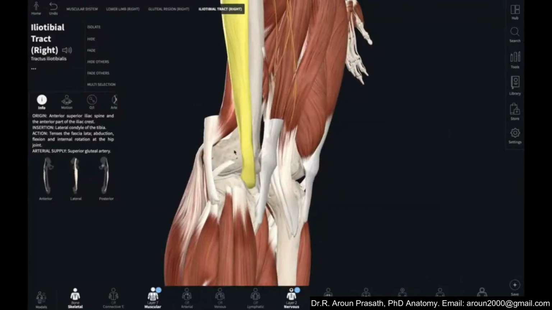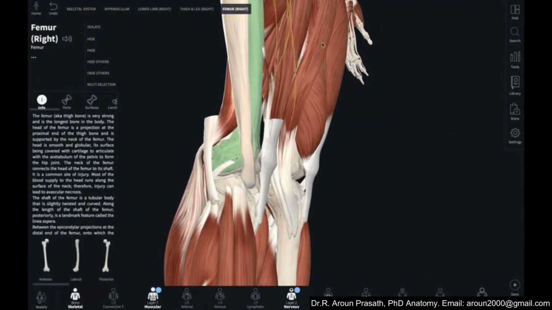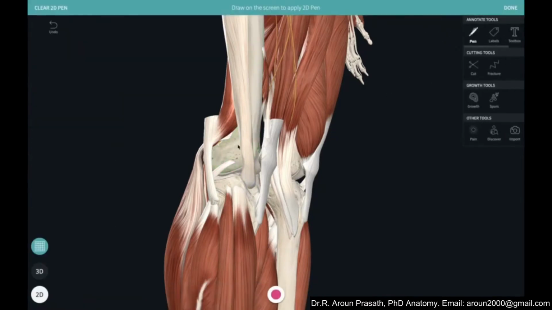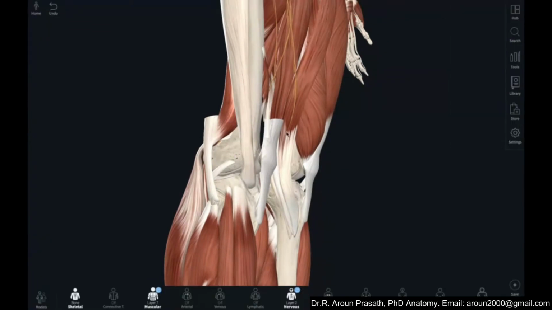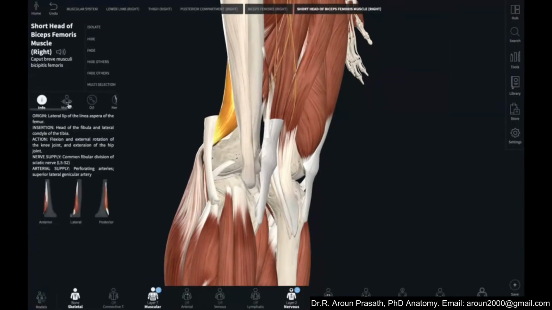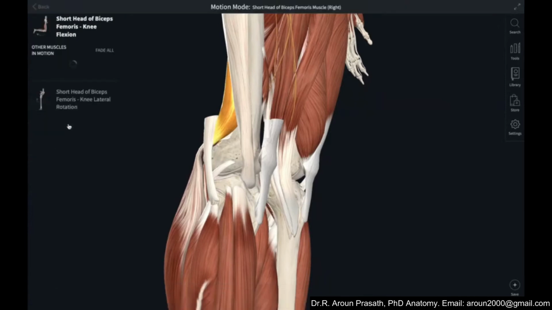Okay, you see, this is the adductor tubercle of the femur. Now what happens when the knee flexes?